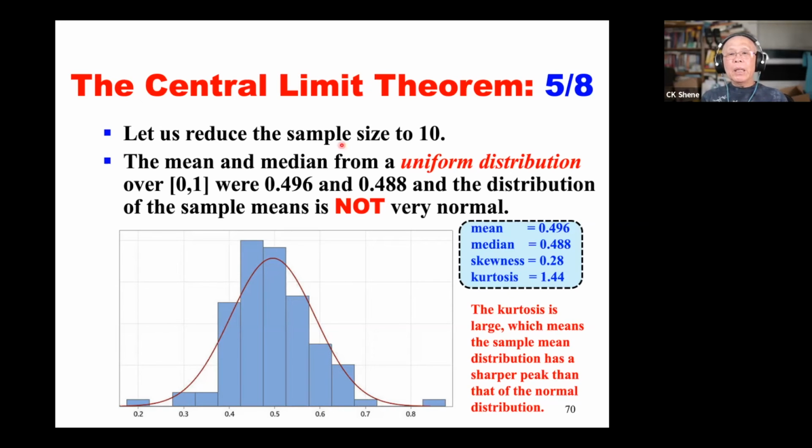So the mean and median from a uniform distribution as usual are still close to 0.5, but kurtosis becomes quite large. That means it's positive, so its peak is higher than a normal. Its tail is thinner than the normal.